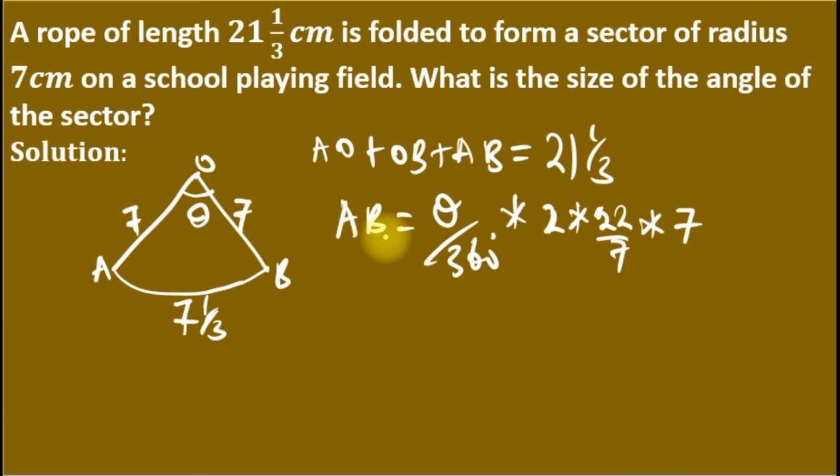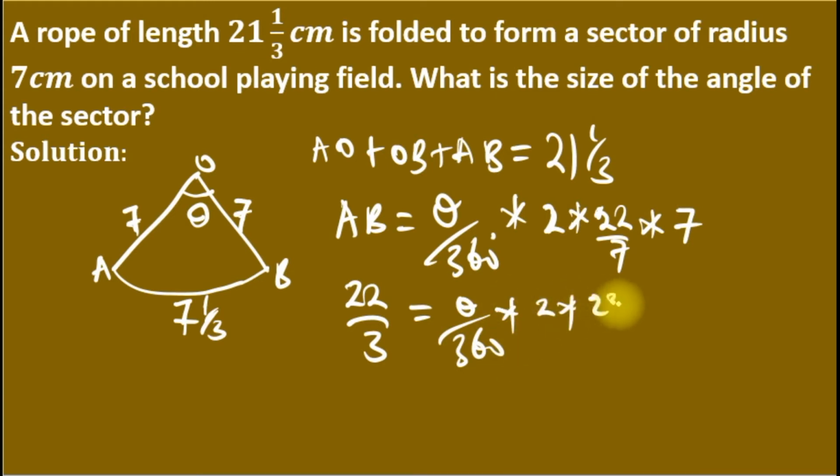So we know that here is 22 over 3, that's 7 1/3. So this is 22 over 3 equals theta over 360 times 2 times 22 over 7 times 7.